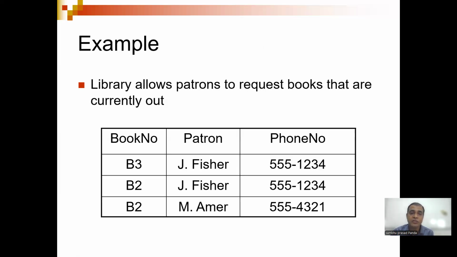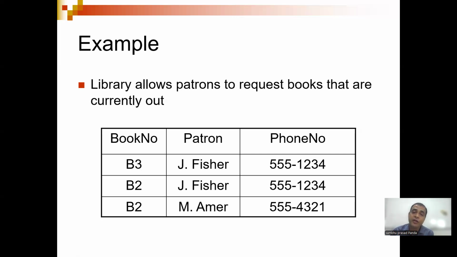This is one example. A library allows patrons to request books that are currently out. The first column, B3, B2, B1, B2, cannot be the primary key, as B2 is repeated. J Fisher is also repeated in the patron column. The phone number is also repeated in the first two rows. That's why in any problem, we first have to find the primary key or candidate key for the problem to be solved in normalization.